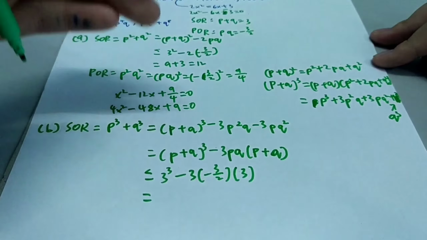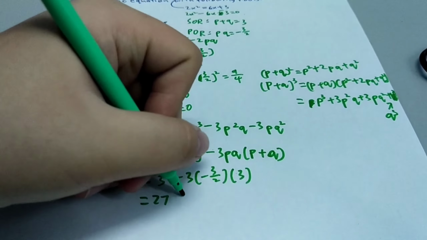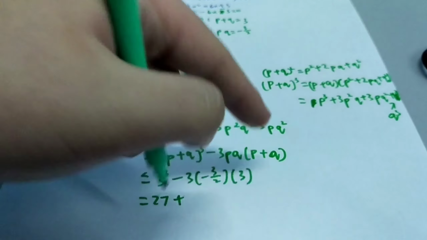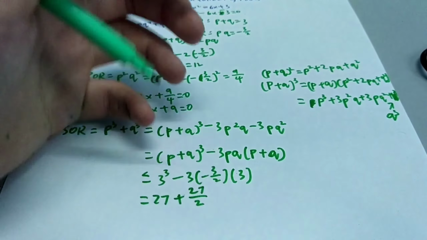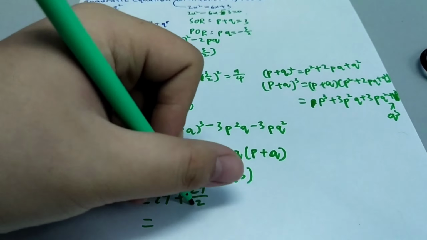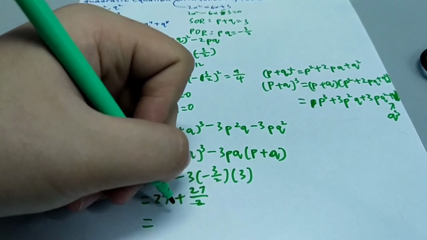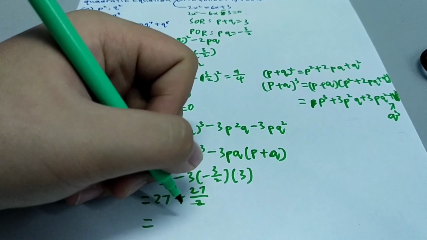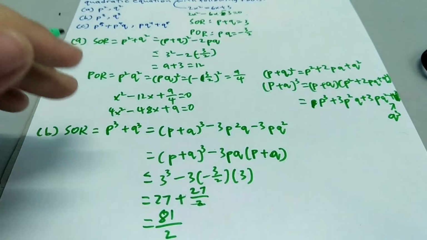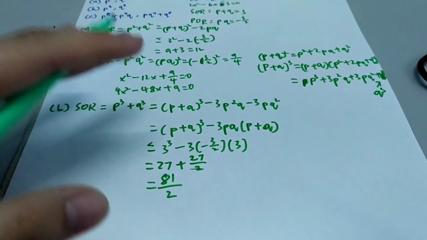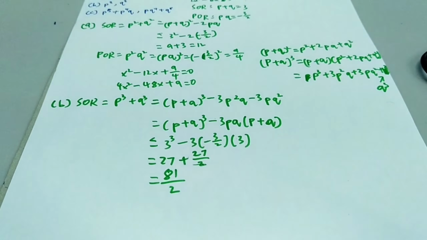So our answer is 27 plus 3, so 27 over 2, which is equal to, if we multiply over there, 54 plus 27 will be 81 over 2. So this is the value of the sum of roots of p cubed plus q cubed.